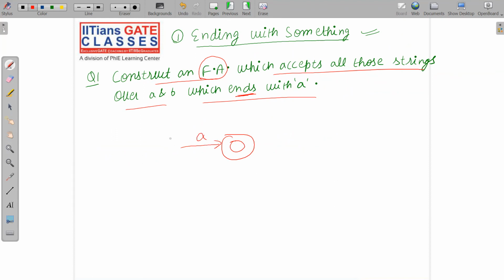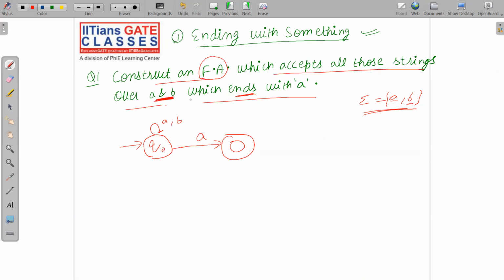Initially we can read anything, and since we have strings over A and B, sigma will be A comma B. So you have to put A as well as B on every state. On Q0 we will have a self loop of A comma B.